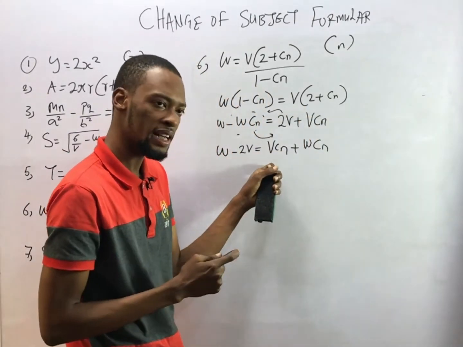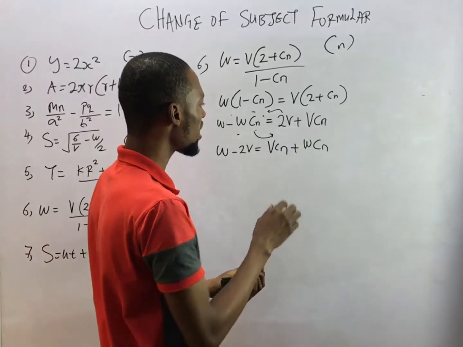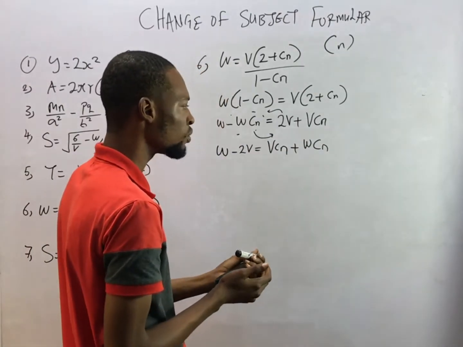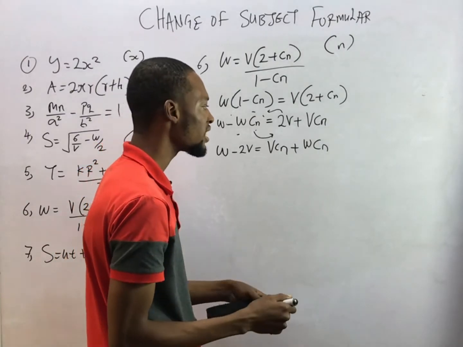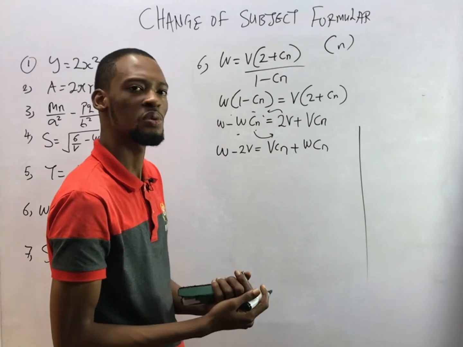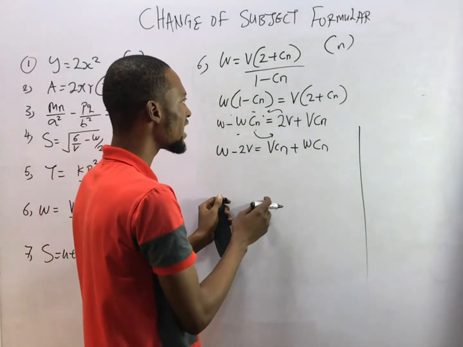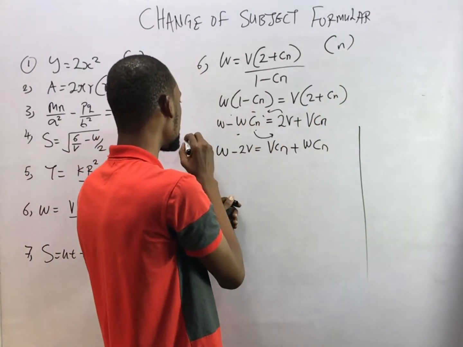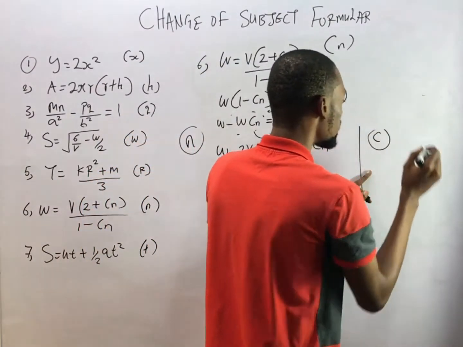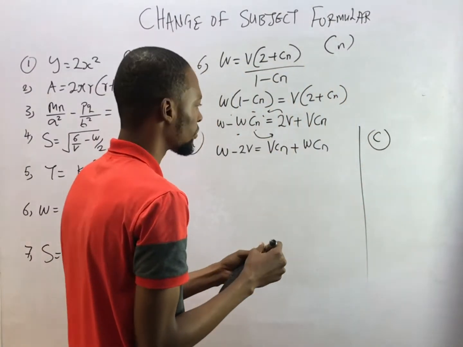It's making a lot of sense to you, right? So now, here we have n, we have n. We have to bring n in common, we factorize. Similarly, in this question, let me use one stone to kill two birds. In this side, let me answer what we are asked to do, making n subject formula. This other side, let me make C subject formula, because it can happen.